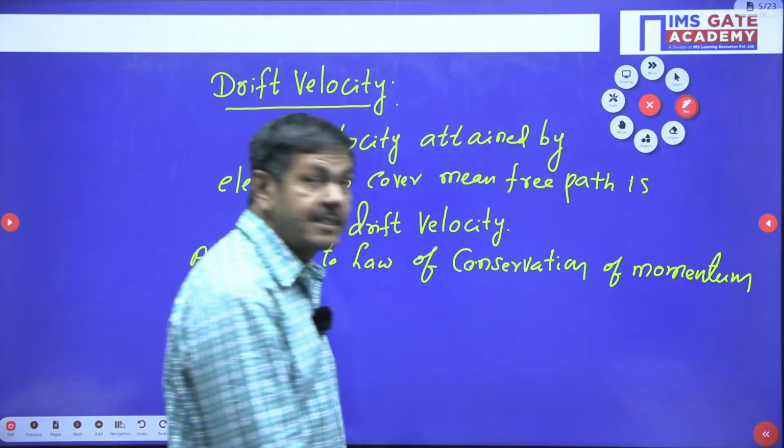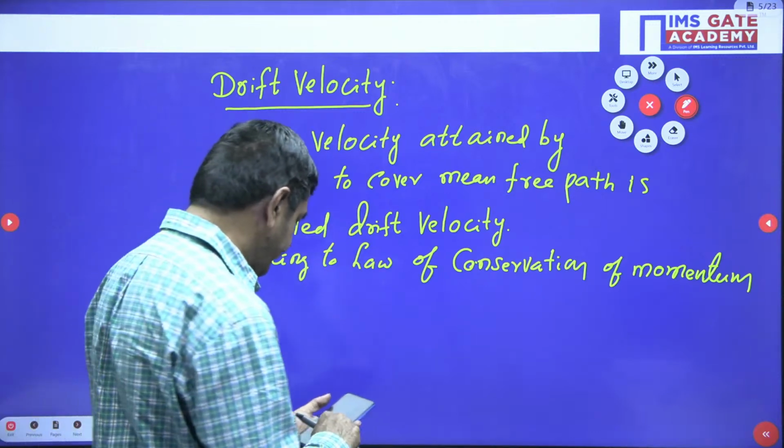According to the law of conservation of momentum, this point is very important now.